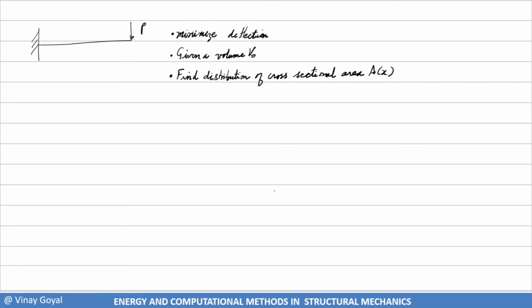I think what I want to do is consider a rectangular cross-section. In this example, you can do a circular one too. This is a minimization, optimization problem.